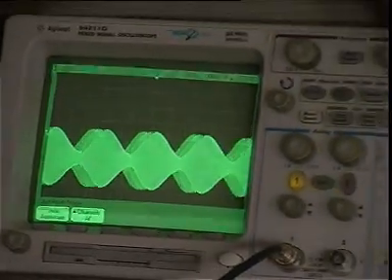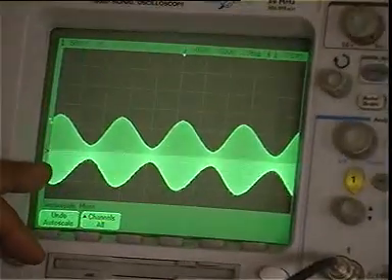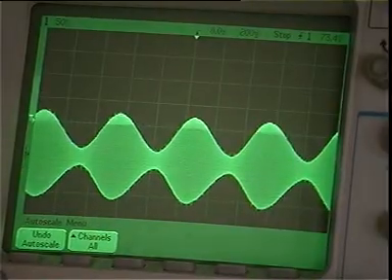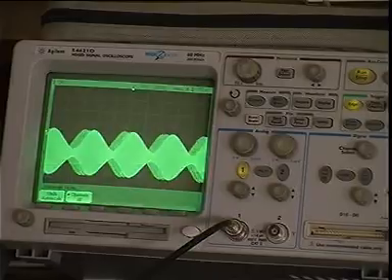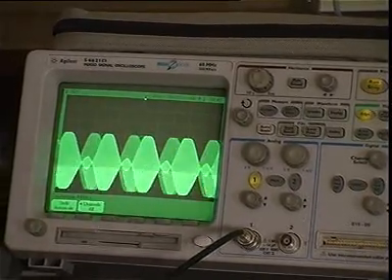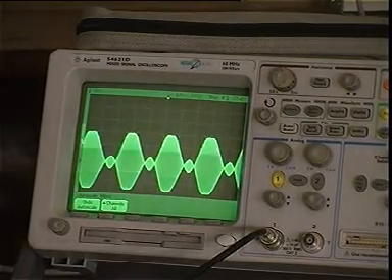If you notice, this is less than 100% modulation. This is also an AM signal, but with a modulation index less than 100%. Okay. Let me show you more than 100% modulation. This is more than 100% modulation.